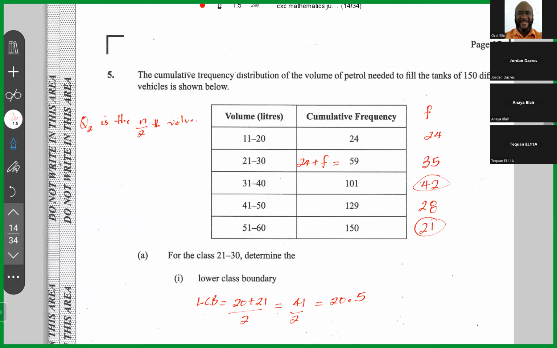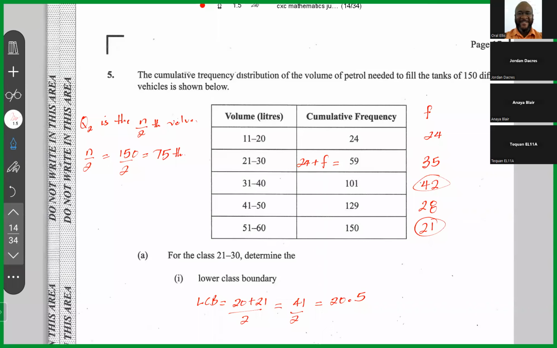This doesn't tell you what the median is, it tells you where the median is. There are 150 vehicles, so N over 2 is 150 divided by 2, which is 75, the 75th vehicle. So the amount of petrol needed by the 75th vehicle is the median.